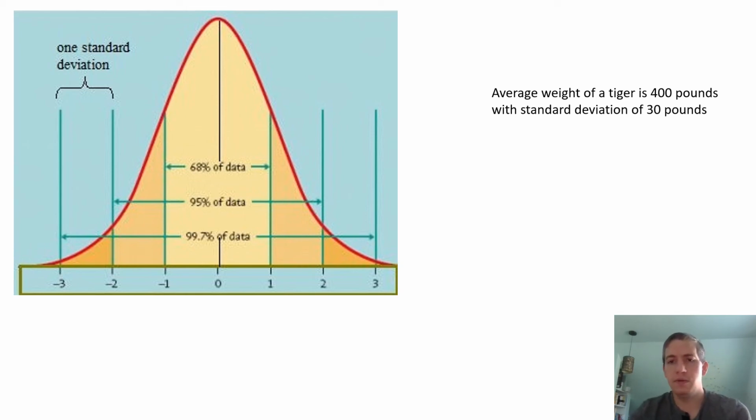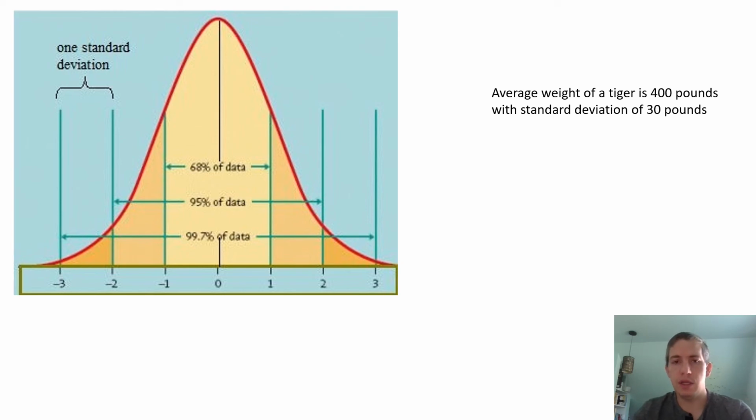It turns out that in the population, 68% of all observed values are within one standard deviation of the mean. 95% of all observed values are within 2 standard deviations of the mean. And 99.7% of all observed values are within 3 standard deviations of the mean.